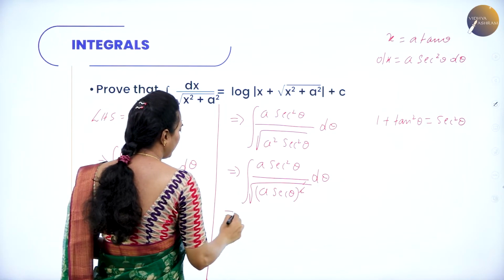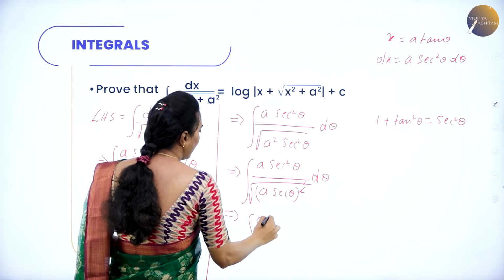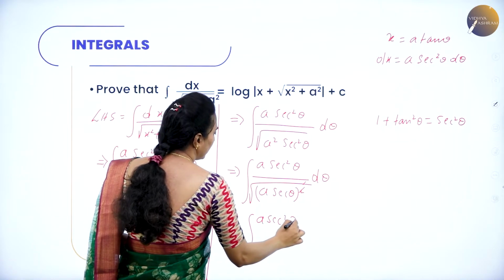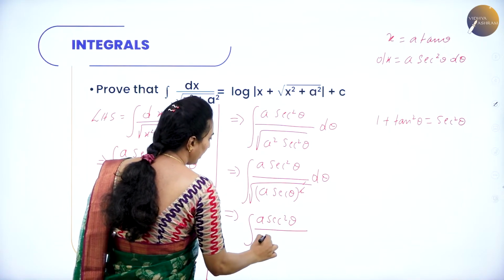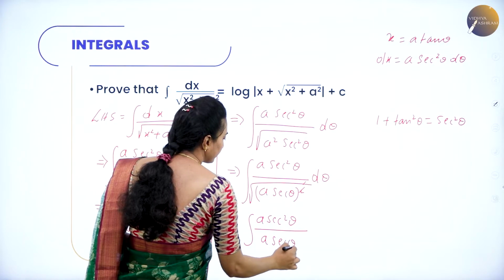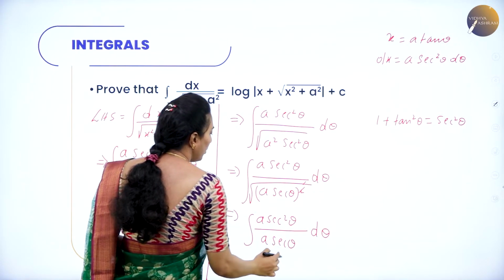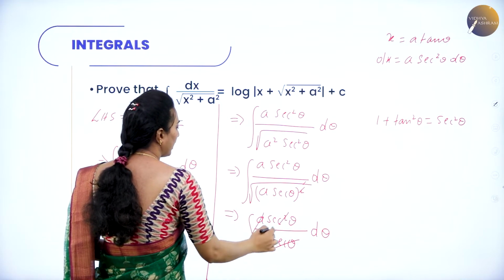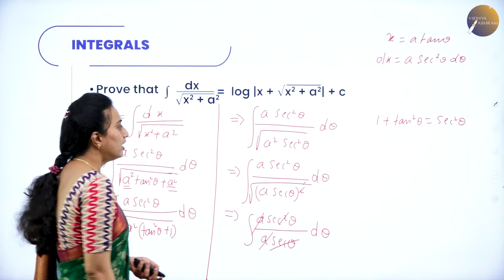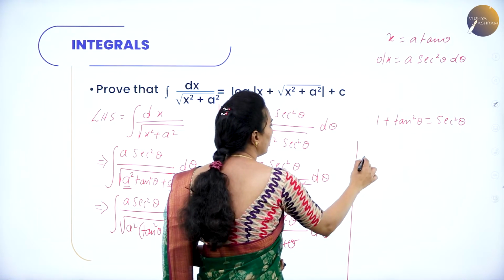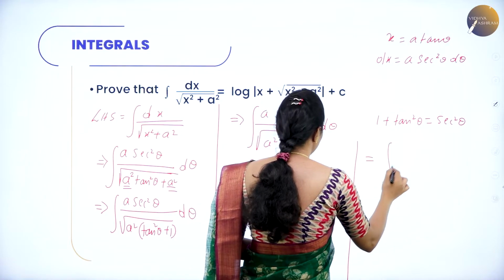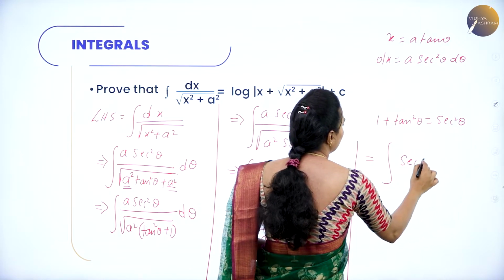You are going to remain with integral of a secant squared theta divided by a secant theta into d theta. Now one term of secant theta will get cancelled, a will get cancelled, remaining answer is integral of secant theta into d theta.